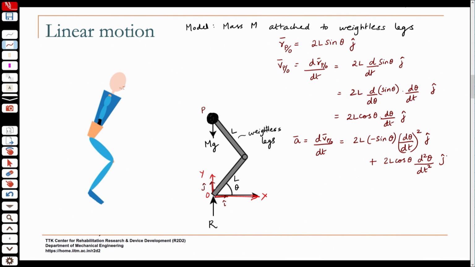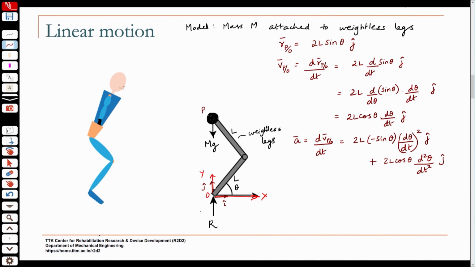What happens at the instant the jumper leaves the ground? The forces acting on this system are the weight and the reaction force of the ground.